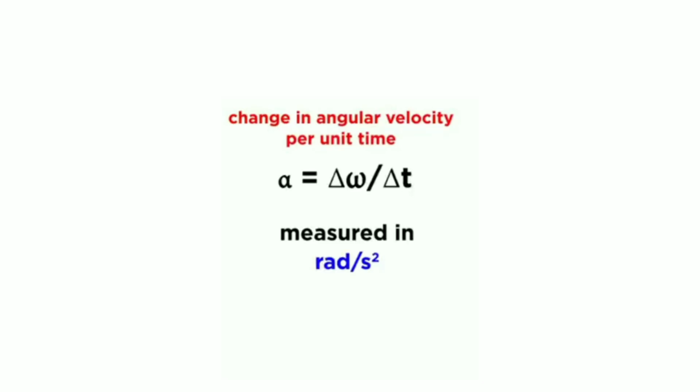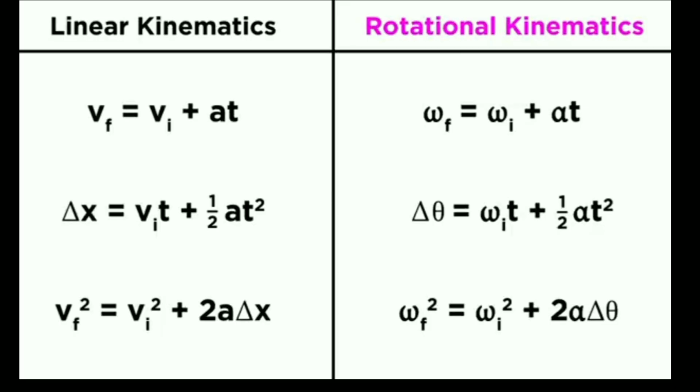The SI unit for this value will be radians per second, although we will frequently encounter other units like revolutions per minute or RPM. Again, counterclockwise rotation involves positive angular velocity, and clockwise will be negative.